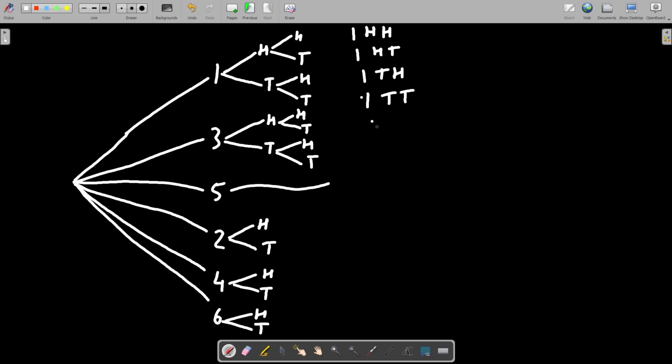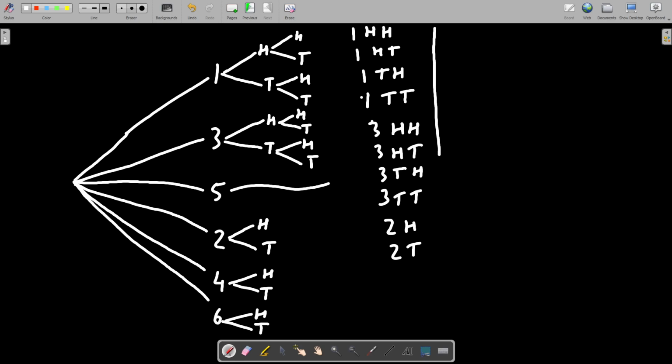This exact same thing repeated with 3 on it. Okay, so this is the answer to question number 1. Question number 2 is, you get 2 tails.